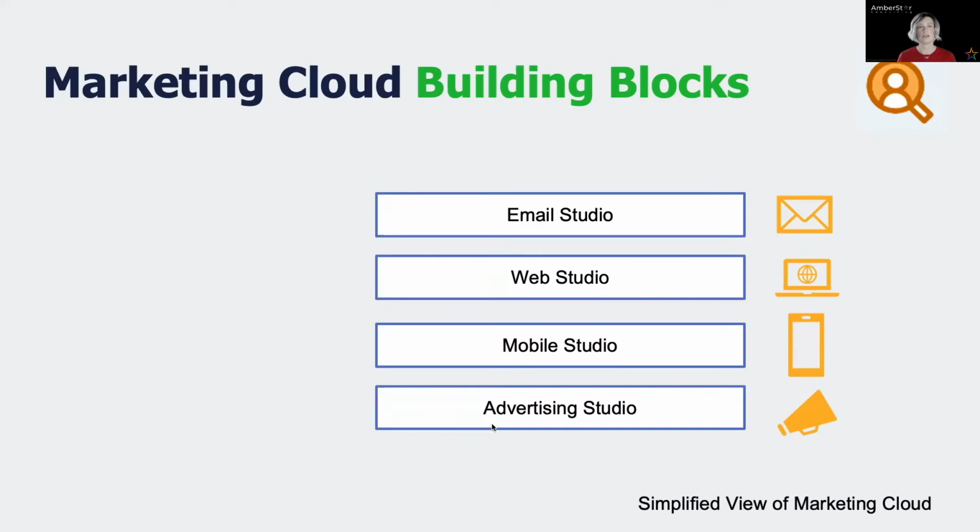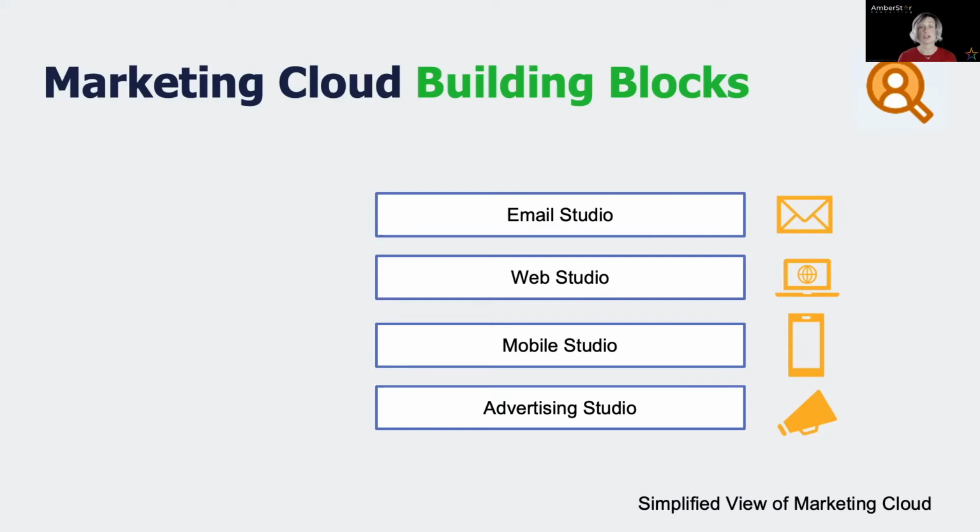So first of all, let's start off with some core building blocks, and we'll talk about the studios. So the studios are workspaces in Marketing Cloud, which predominantly focus on channels. So within here, you'll see Email Studio, Mobile Studio, and Advertising Studio, and also Web Studio. And in here, they effectively allow you to work in that particular channel that you can see referenced.